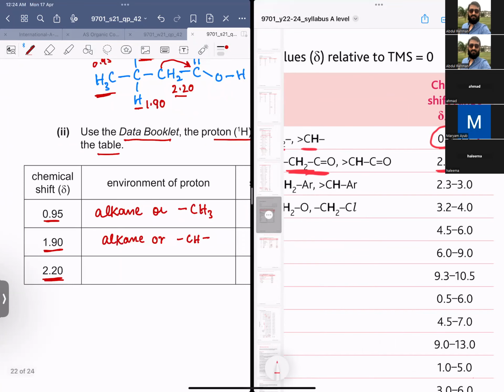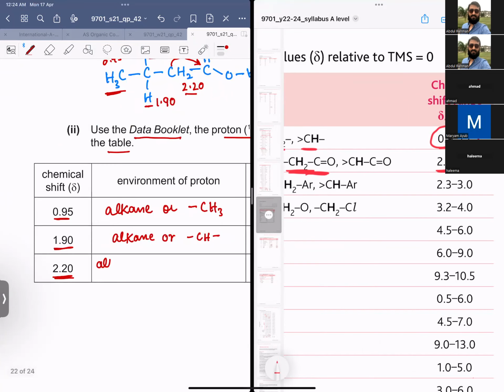So I can write over here the environment that there is an alkyl which is next to C double bond O, or I can show it like this, that a CH2 is bonded to the C double bond O carbon.